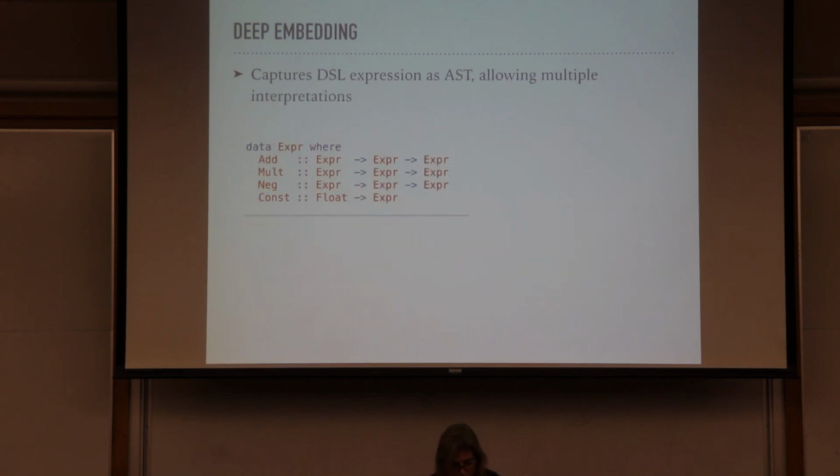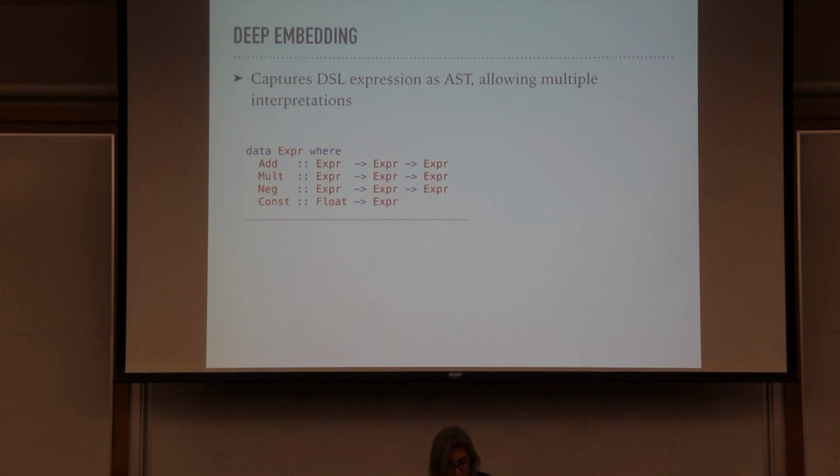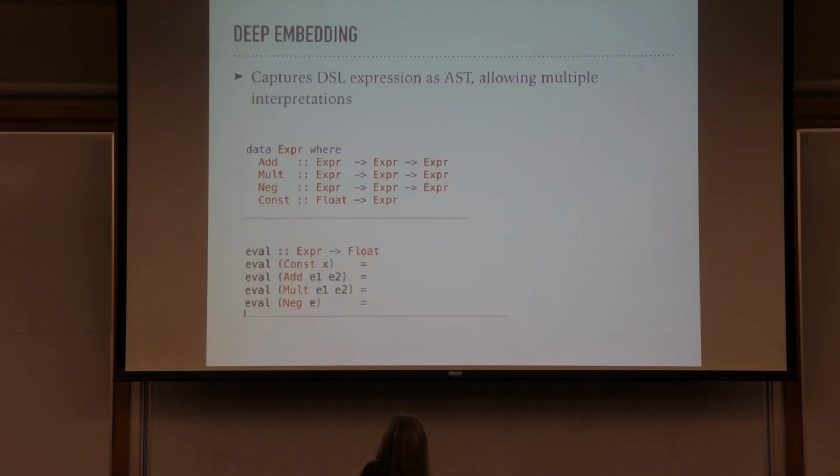Now we can use that and provide different interpretations for this abstract syntax tree. Haskell doesn't have a meaning associated with this tree, so I write here an evaluator. This is the pattern matching where I take the tree and disassemble it.